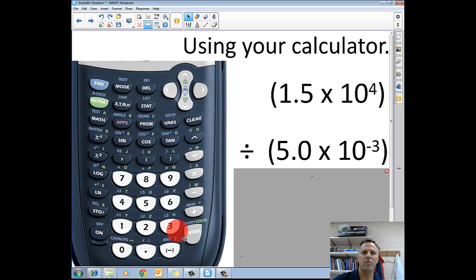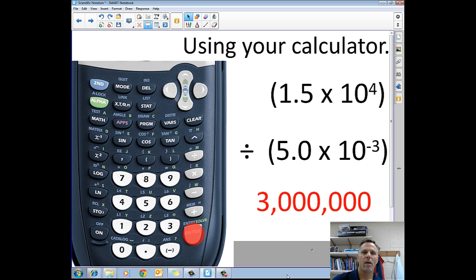When you press enter down here, you're going to get the following. It'll read 300,000 on your calculator. That would also be 3.0 times 10 to the 6th. So your calculator in this case would give you the answer in standard notation.